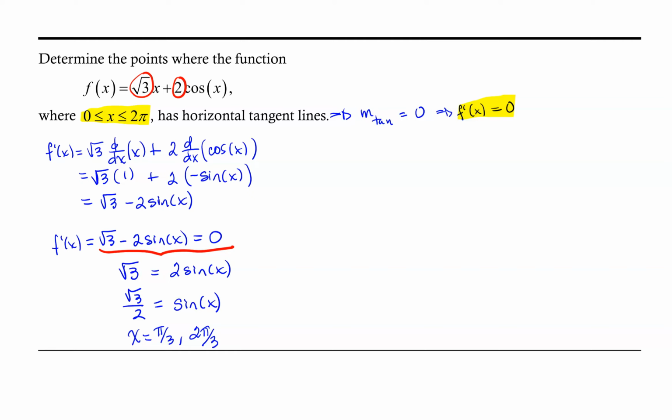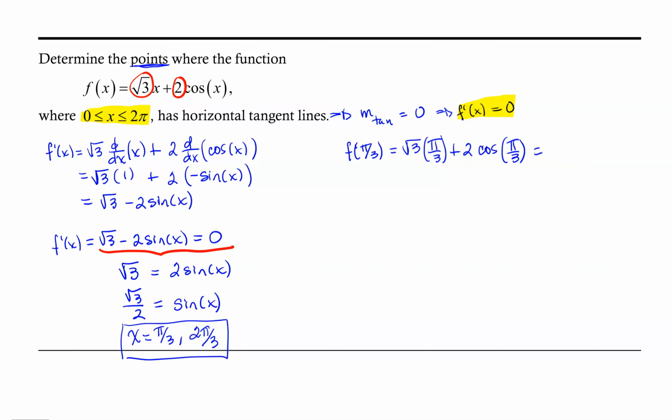And so remember, this was asking us to find points. At this point, all we have are the x coordinates. We do not yet have points. So let's go ahead and find the actual points. So f of pi over 3 is equal to square root of 3 times pi over 3 plus 2 times cosine of pi over 3.